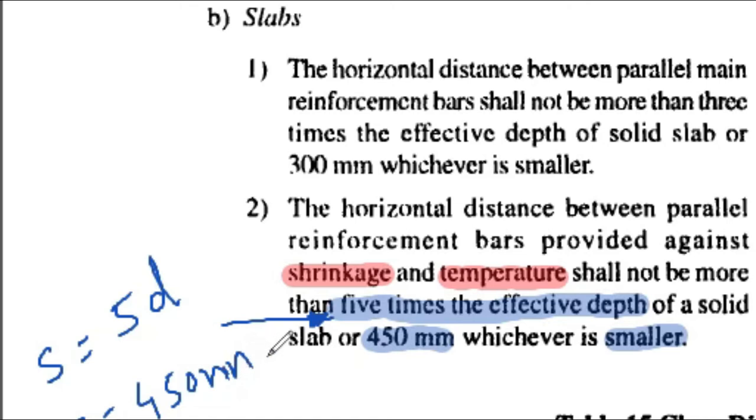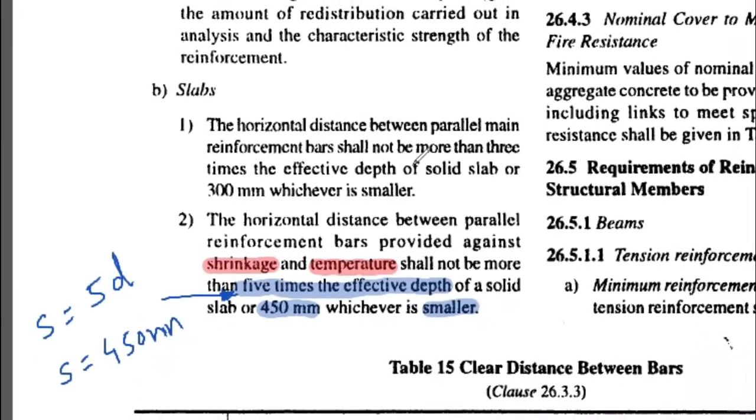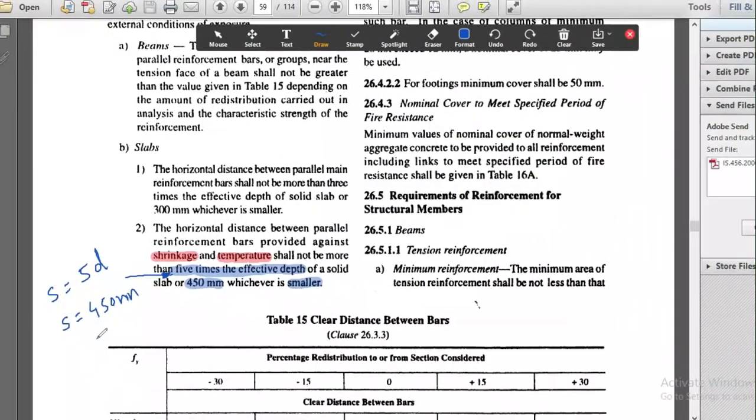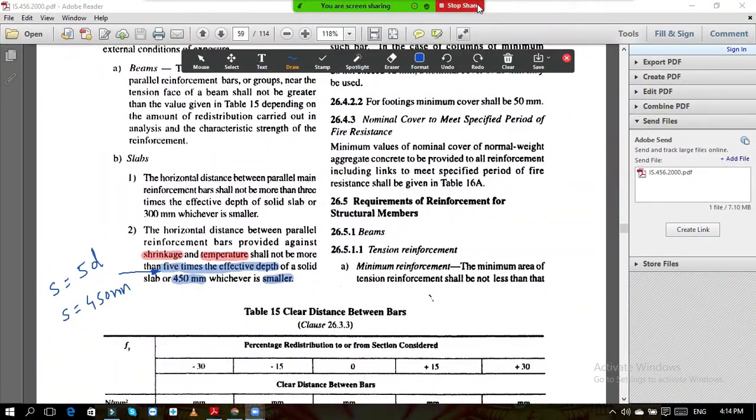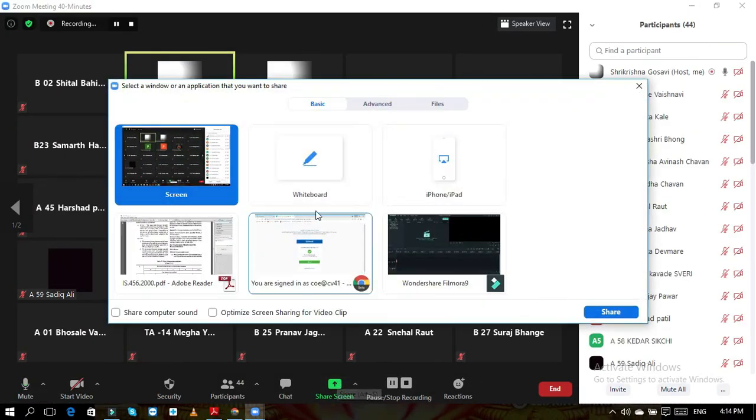Okay, so the smaller of these spacings we have to take. So now this is again clause number 26.3.3, in that 2nd part. So page number 46. So according to this clause now, again we will move to the whiteboard.